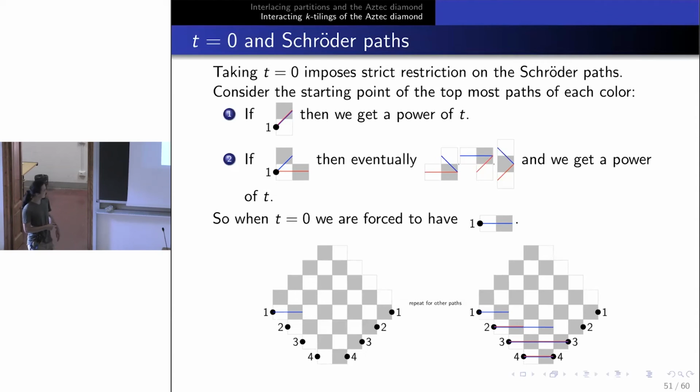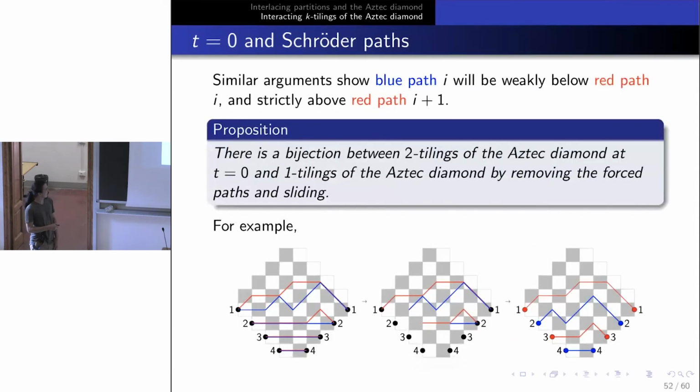Now you can do the same sort of argument for all the other paths, and you see that you'll end up with this section of frozen paths in this bottom left corner of our Aztec diamond. So when T is equal to 0, it introduces a large region of completely forced paths. And you can actually show that the ith blue path will be squished between the ith red path and the (i+1)th red path.